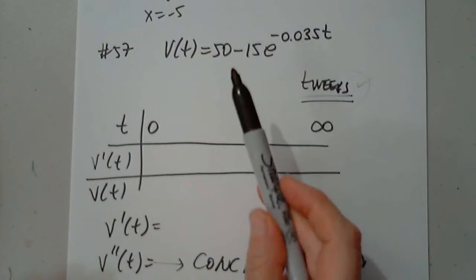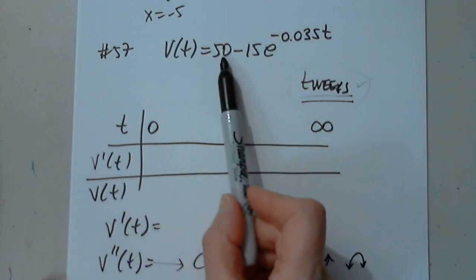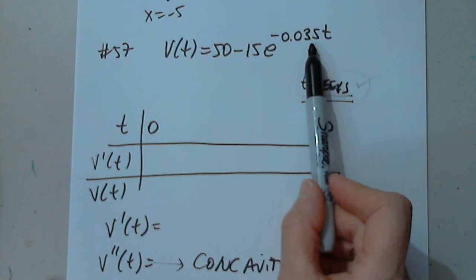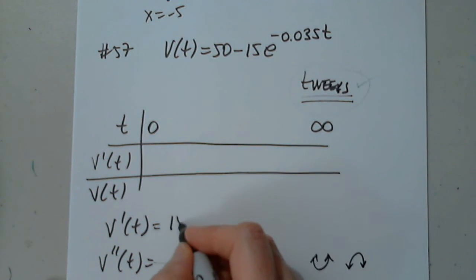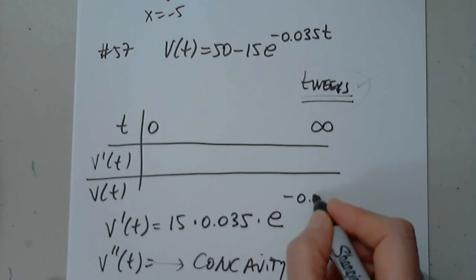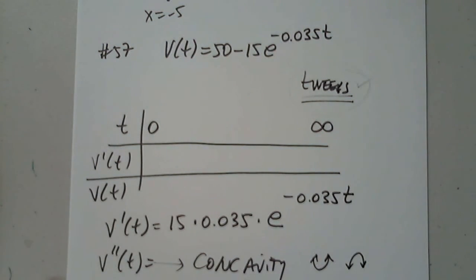Okay, so let's find the first derivative. The derivative of 50 is 0. I have a negative 15, but I have to multiply by a negative number, so I'm going to write 15 times 0.035 times e to the negative 0.035t. That's how we differentiate e to a function.